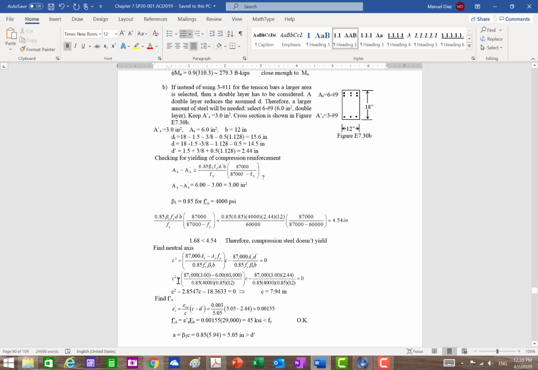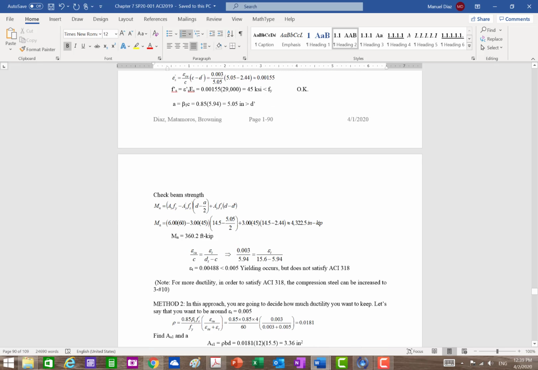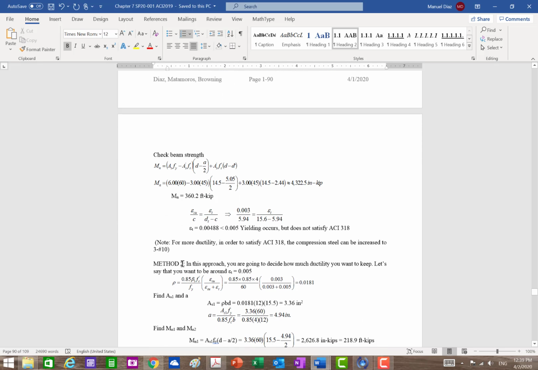I need to find again my neutral axis, find my epsilon prime s. With that value, I get my f prime s, find my a, put it in the formula for the moment, find my values. I notice that I got 360. I need to check my ductility. My ductility went down because of the amount of steel I put, right?